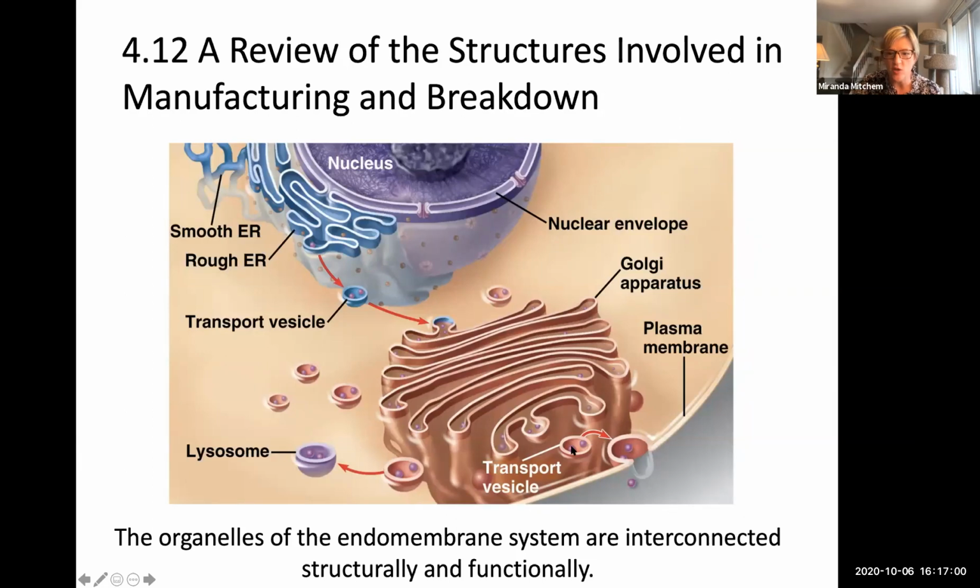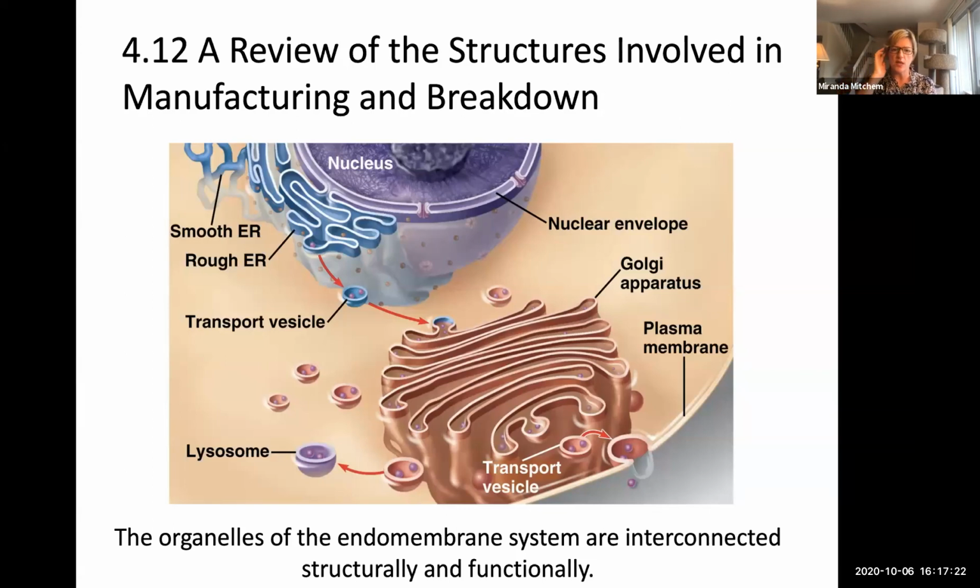And finally, the transport vesicle will go to the cell membrane and fuse to it, allowing the material to be spilled into the extracellular environment. So the cellular membrane gets larger each time a transport vesicle fuses with it, incorporating that membrane.